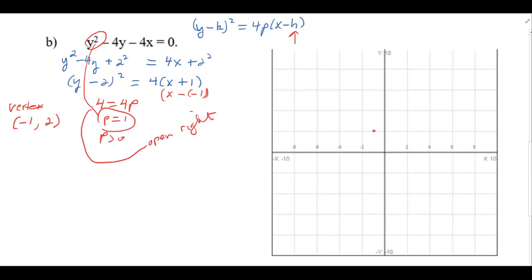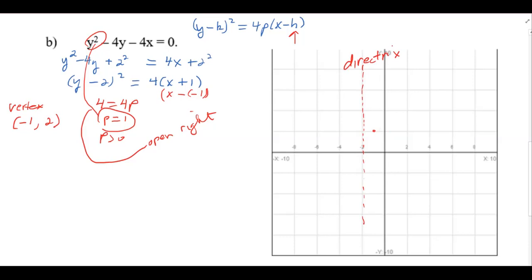So that means my directrix, since p equals 1, will be 1 unit to the left of that vertex, and the focus is 1 unit to the right. And this is the directrix.